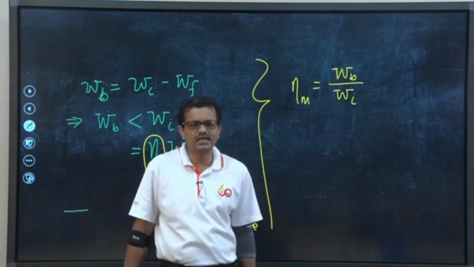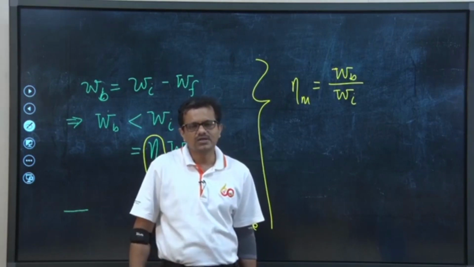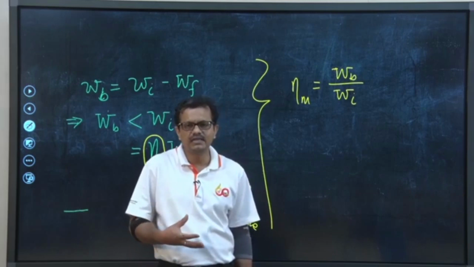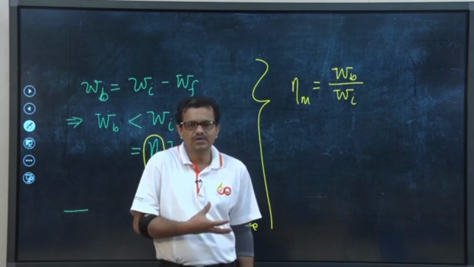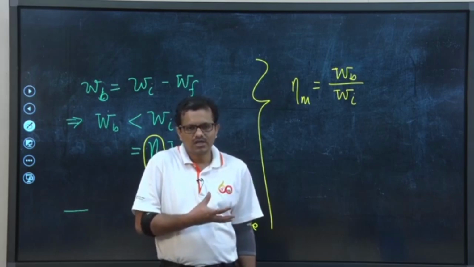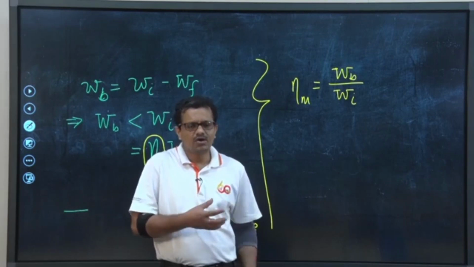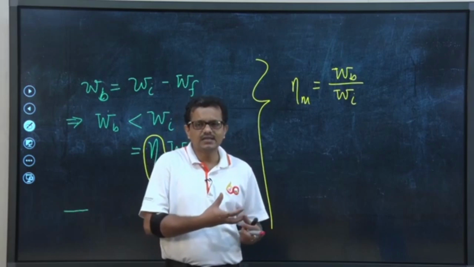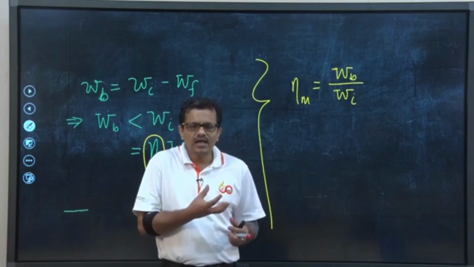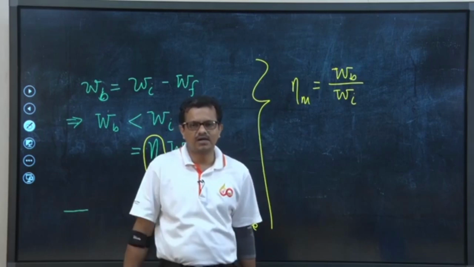To run all these mechanical devices, a certain amount of power is needed, and that power will come from the power that is getting produced. All these devices consume power, and those are known as negative power.